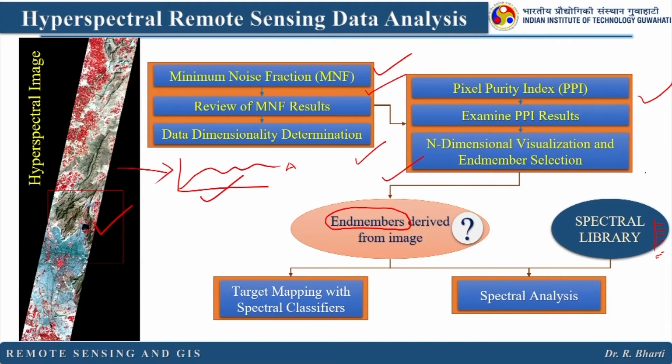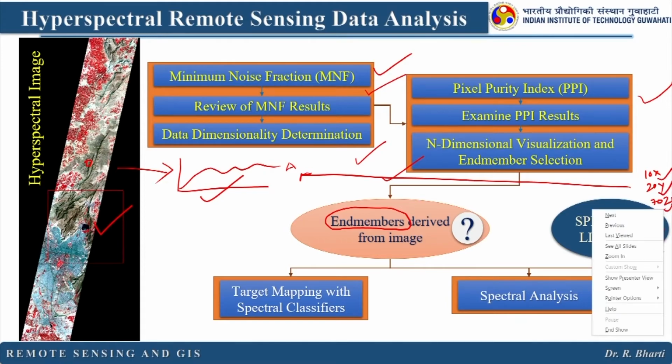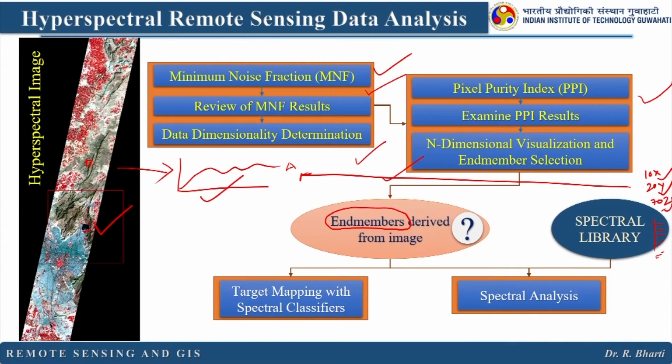Then if you find that 10% of X, 20% of Y and 70% of Z matches well with your A, that means this particular pixel which is here contains 10% of X, 20% of Y and 70% of Z. So that is why we are going to perform the spectral analysis.